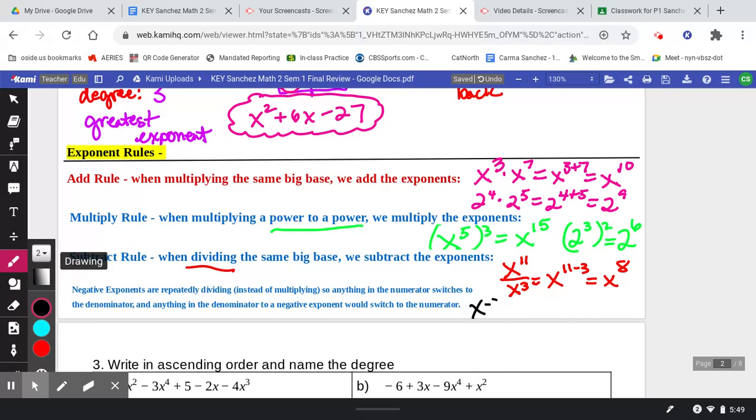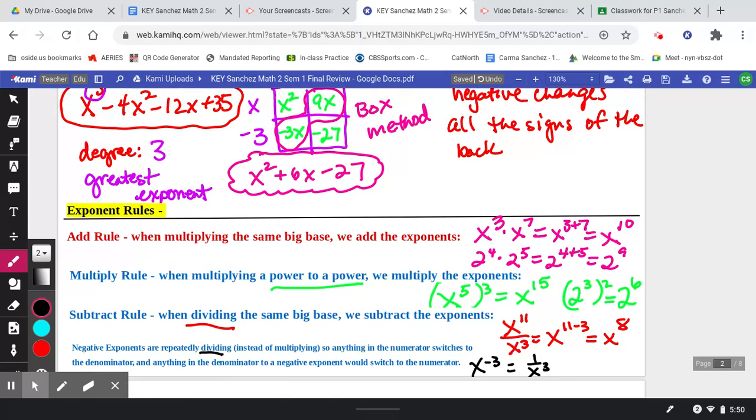So x to the negative 3 would equal 1 over x to the third power. Notice when it moves, the negative goes away. So negative exponents are repeatedly dividing, and they just become a fraction. If they start as a numerator, they move down to the denominator.